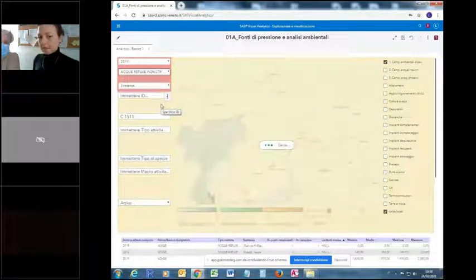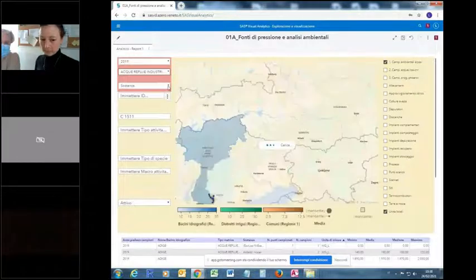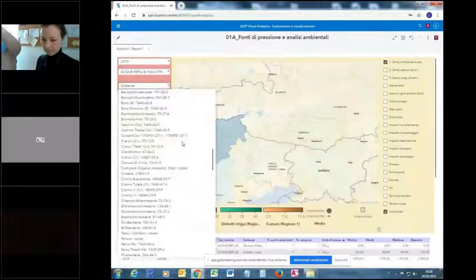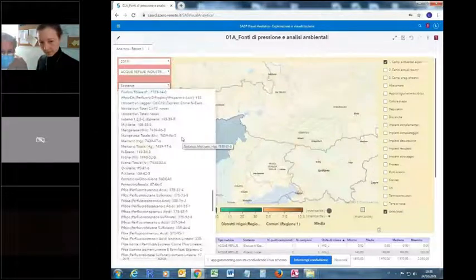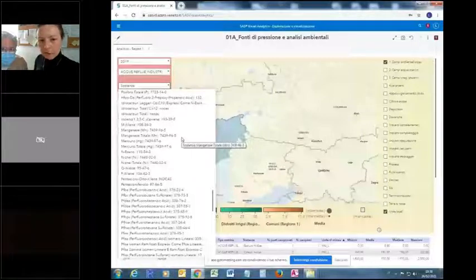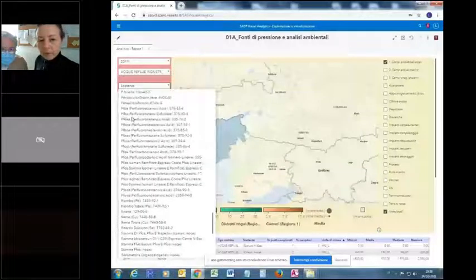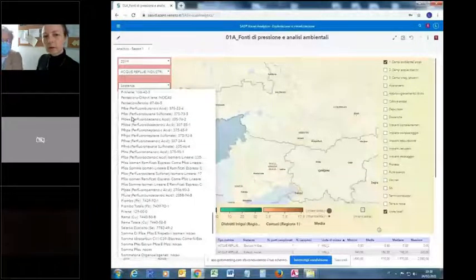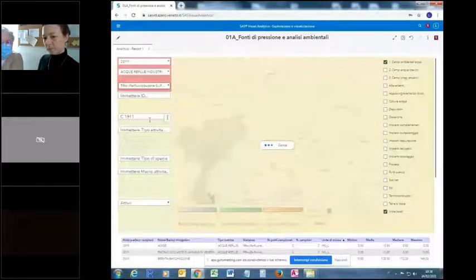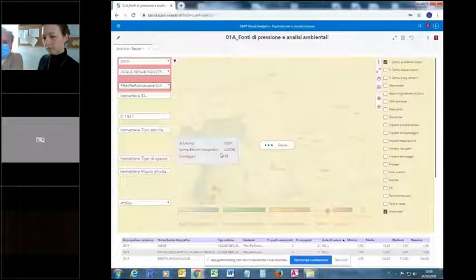And then we have to choose the compound. PFBS. PFBS here. Okay.